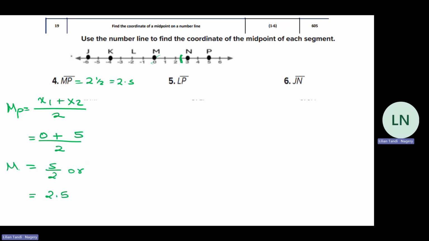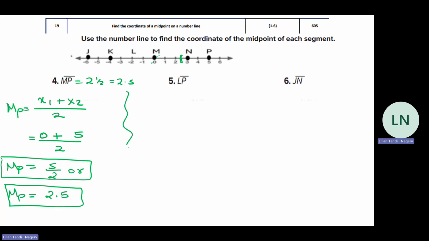Okay, so MP, MP, and you box your answer like that. Okay. You have MP for LP. L is -2 and P is 5. So those are 7 spaces. 7 divided by 2, that is 5.